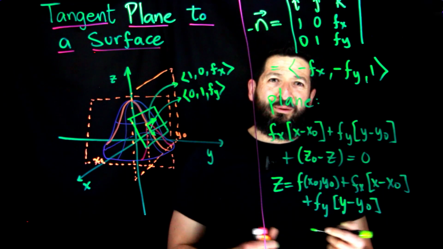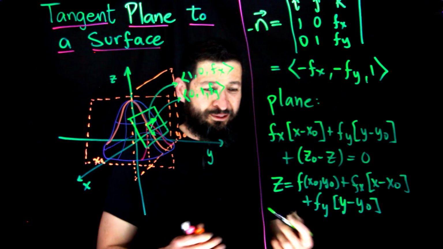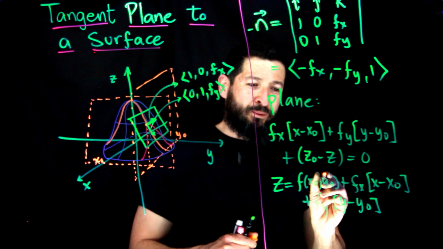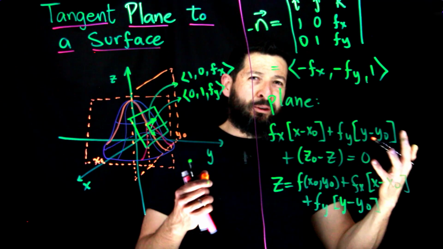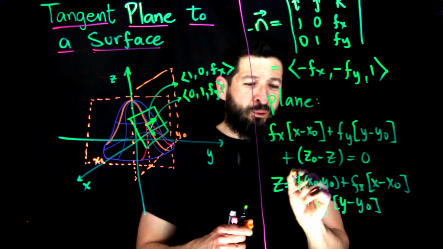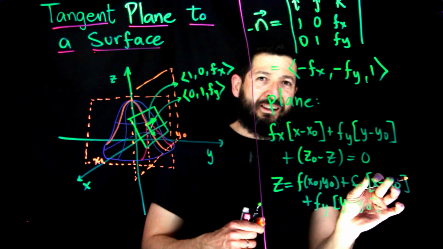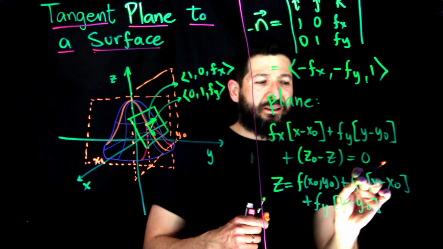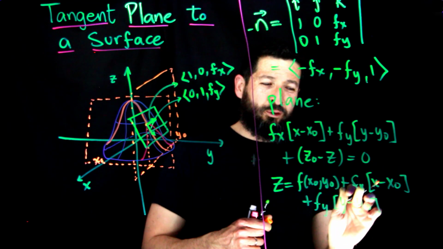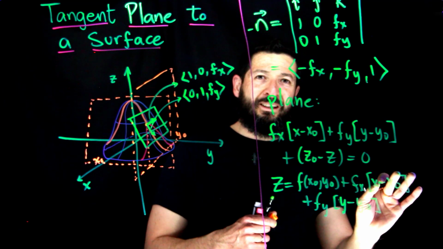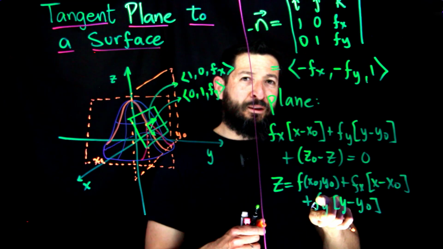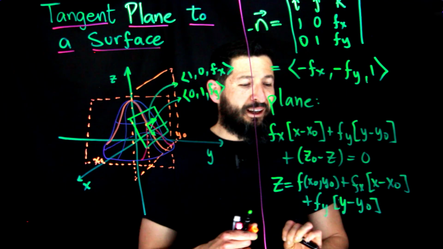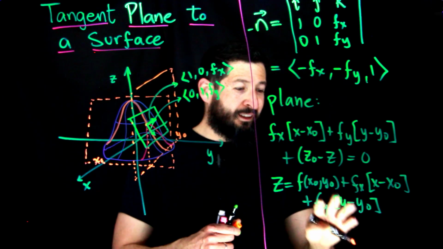And if you think about it for a second as if we were doing two dimensions, the equation of the tangent line, when you did it in parametric form, if you remember, was the point plus the derivative of the x-coordinate times t, which is kind of like the partial with respect to x times the change in x, and then the derivative of the y-coordinate times the t parameter.